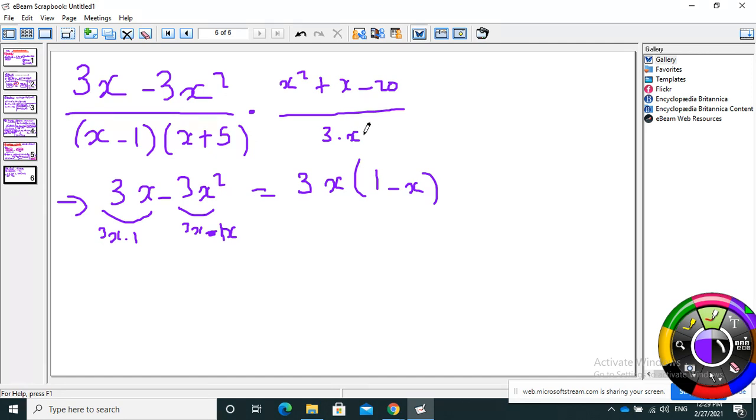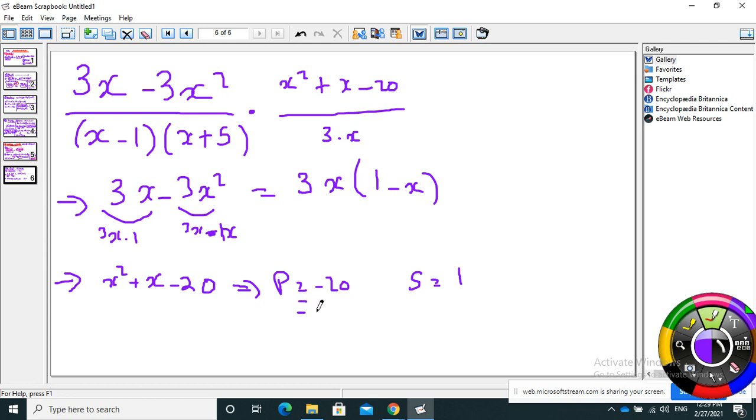That's it. Now I go to my other expression, x squared plus x minus 20. Also, I can factorize it. Let's see, S and P. So P is minus 20 and S is 1. Which two numbers, if I multiply give minus 20, and if I add give 1?